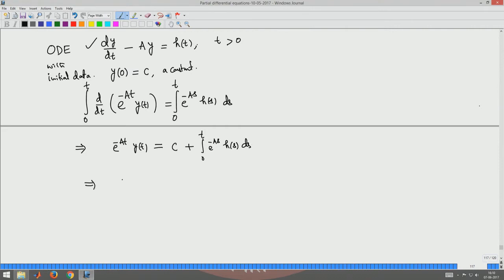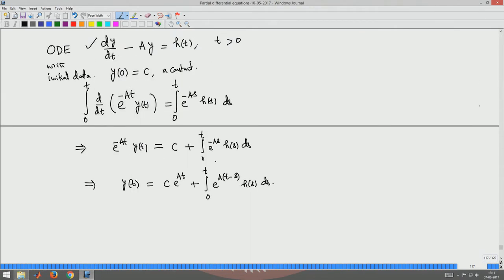So, what is the solution now? y of t is c into e power a t plus e power a t, which is a function outside. You can take it inside the integrand, since the integration variable is s. If you combine e power a t with e power minus a s, what you get is e power a t minus s h of s ds.